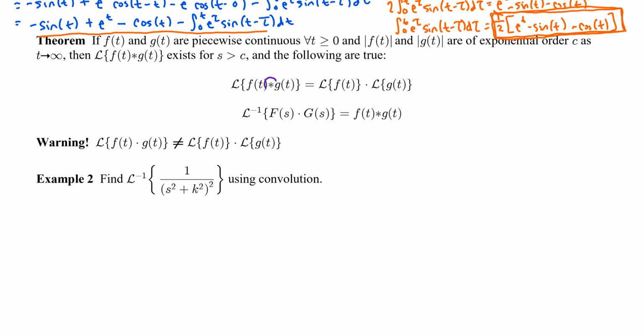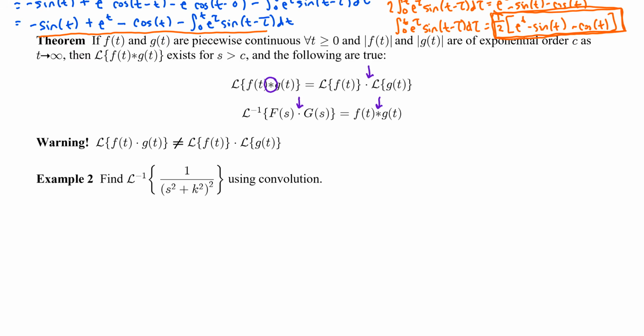So if on this side of things we have the operation convolution, then on this side of things we're looking at the product of their transforms. In reverse, if we're looking at the inverse Laplace transform of the product of two functions of s, then we're going to end up with the convolution of their inverse transforms.